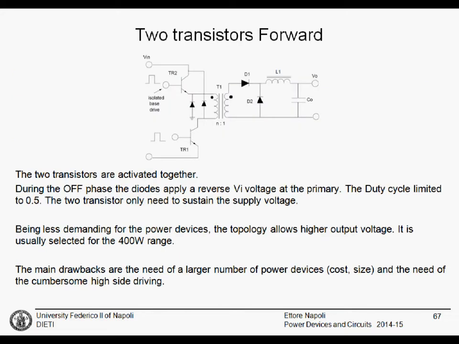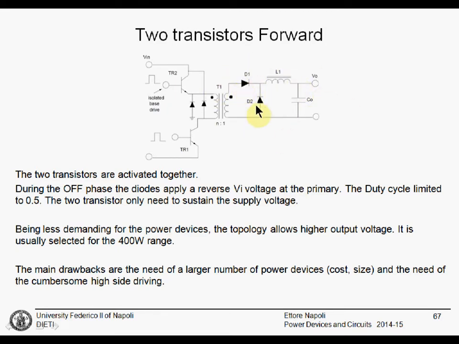Another topology that can be used in the switch mode power supply is the two-transistor forward converter. The circuit that you see here is quite similar to the one that we studied. The output part, for example, is the same.